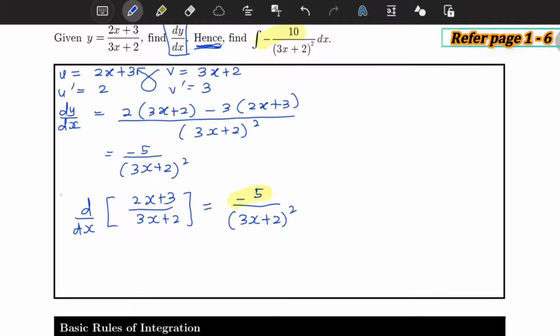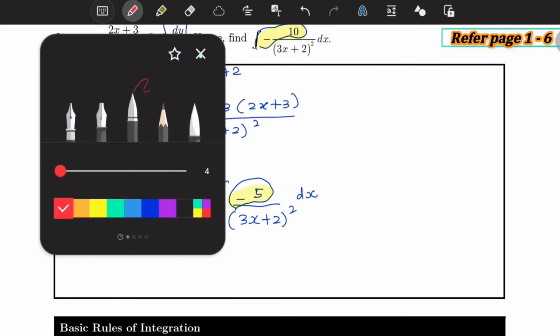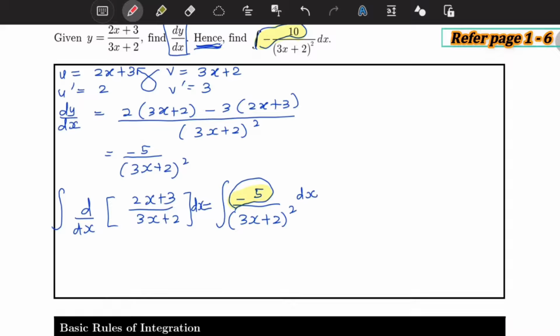I write the integral sign first, so integrate with respect to x. The same thing for the right part, integrate with respect to x. We want to find negative 10 over something and we have negative 5 over something, meaning that we need to multiply both sides by 2.